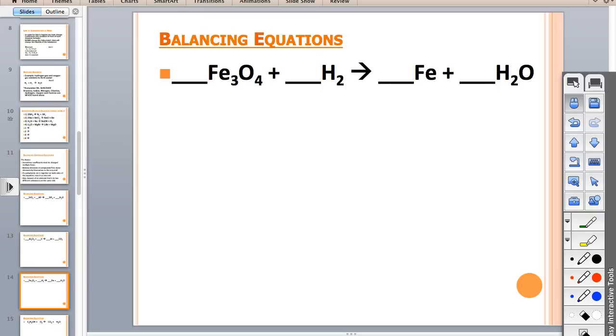Okay. See, a lot of people are on the right track. I'm just going to start the process of writing down the elements.